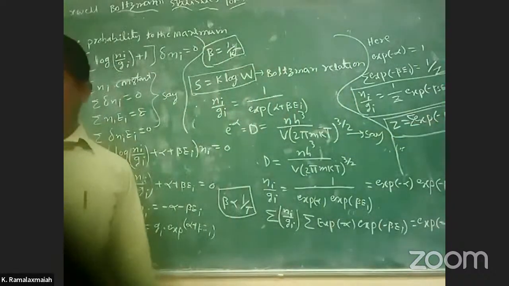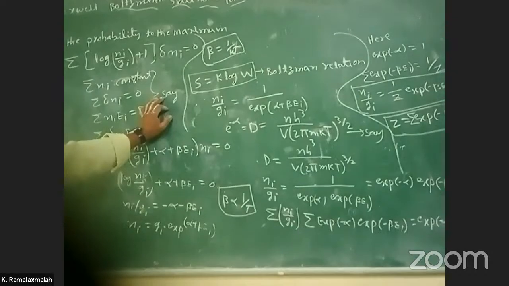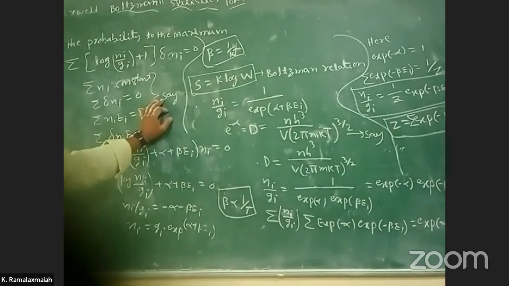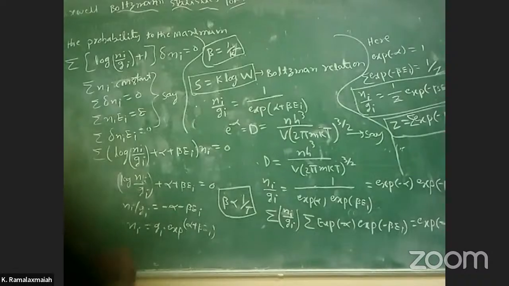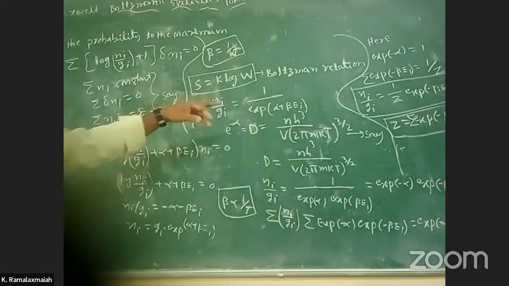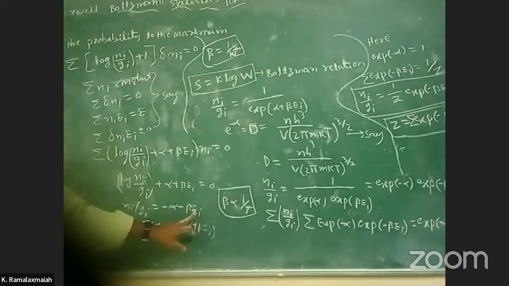For a given system, the average number of particles decreases exponentially with the energy Ei of the level i.